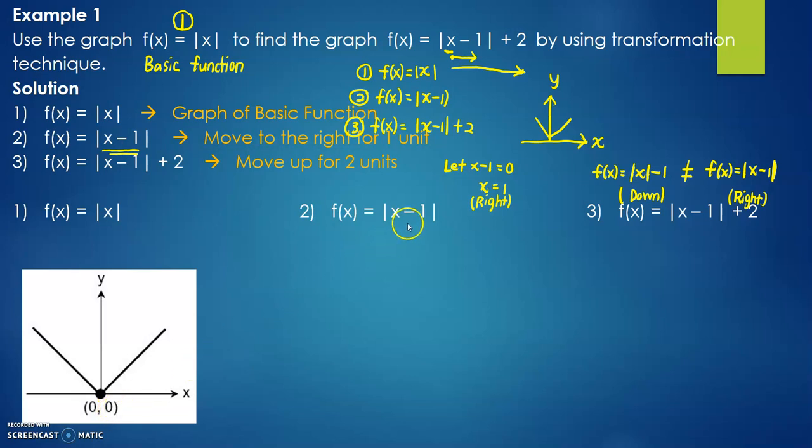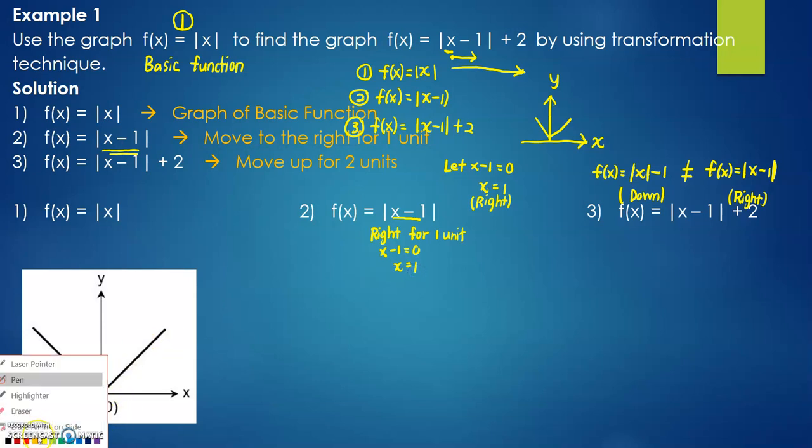For the second graph, remember, it will move right by 1 unit. I show you again: by letting x - 1 equal 0, x is positive 1. So for this graph, from here it will move to the right by 1 unit.